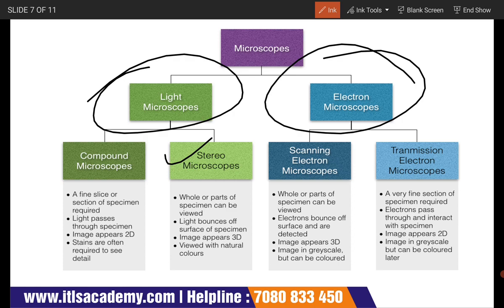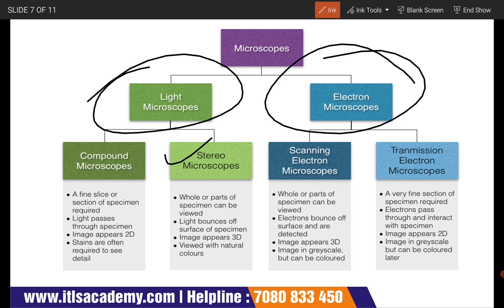Light passes through the specimen, the image appears 2D, and stains are often required to see the details. With the stereo microscope, the whole or a part of a specimen can be viewed. Light bounces off the surface of the specimen, the image appears 3D, and it is viewed in natural colors.